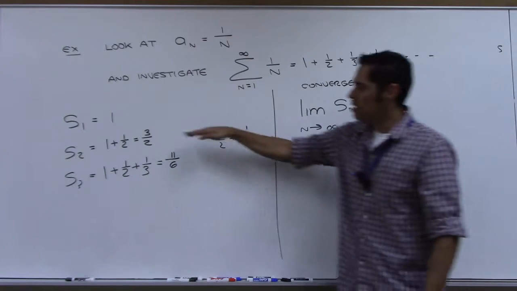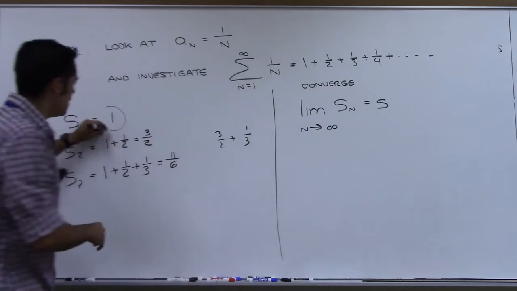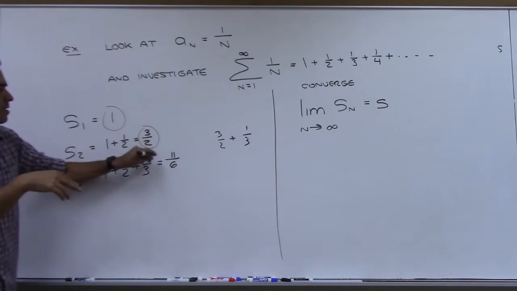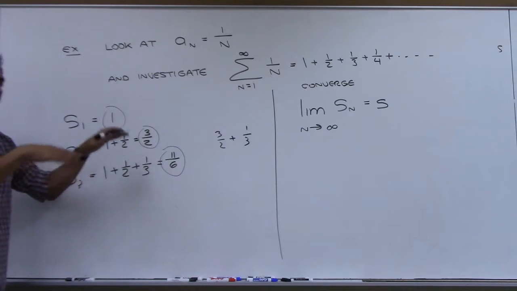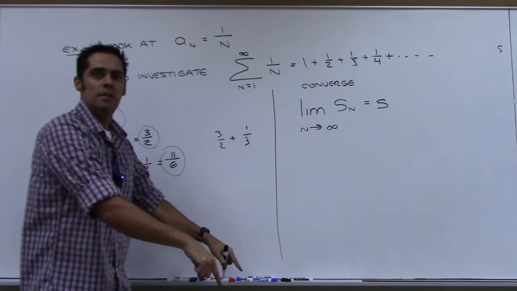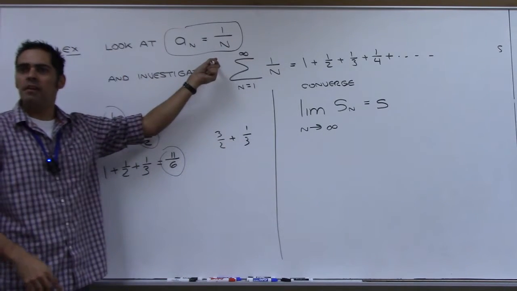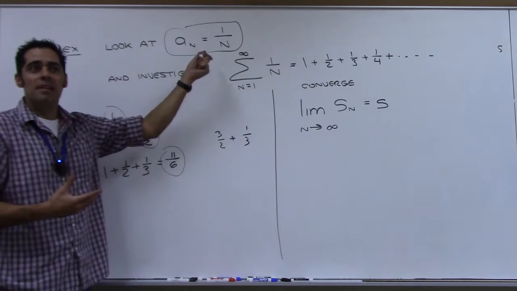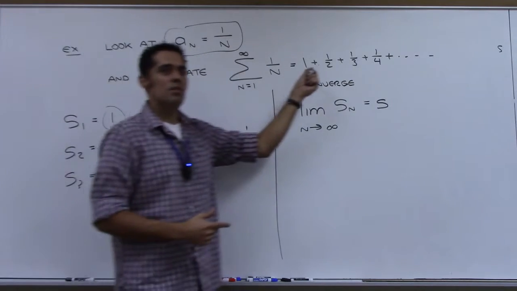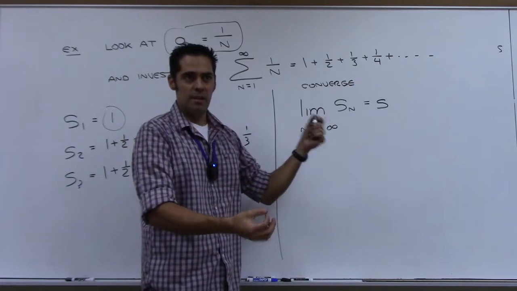That means these sums have to be headed to a number. Like it starts out at 1, then it goes to 3/2, then it goes to 11/6, and it keeps going. Is that headed towards a number? It's easy to check that this is headed towards a number, just let n go to infinity. We're done. But it's very difficult to determine if this is headed to a number. Understand the difference between the two?